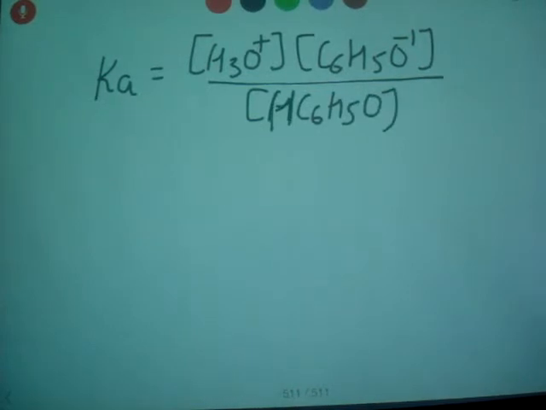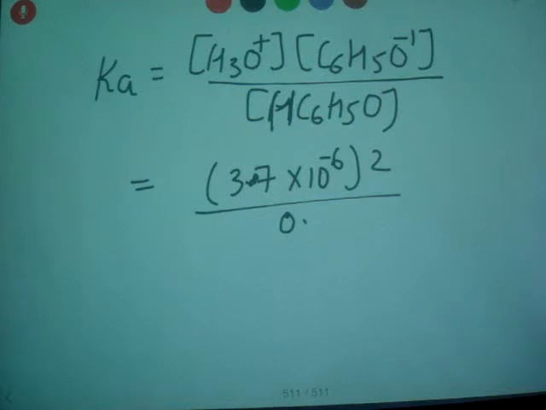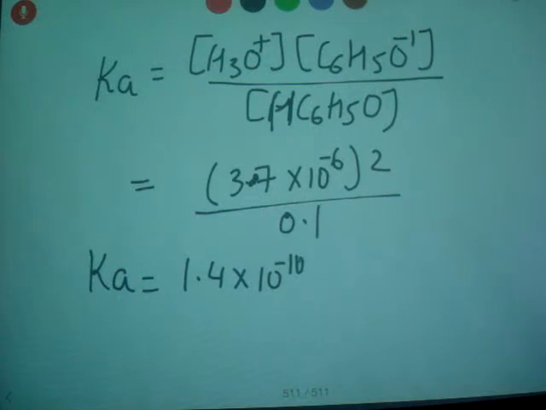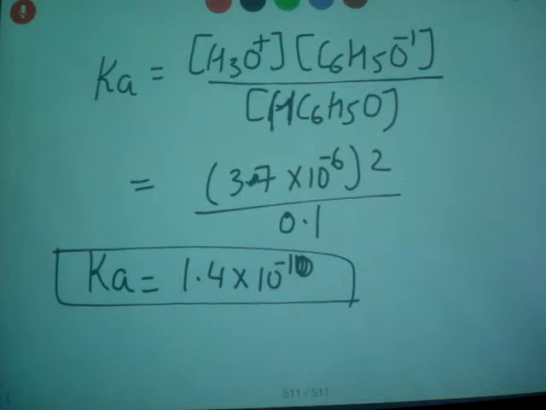Now remember, we had those concentrations given, 3.7 times 10 raised to minus 6, and it's squared because both are x, and that's what we found, divided by 0.1. When you solve, Ka equals 1.4 times 10 to negative 10. That's the Ka value. So from pH you can find the H plus ion concentration and plug those in.